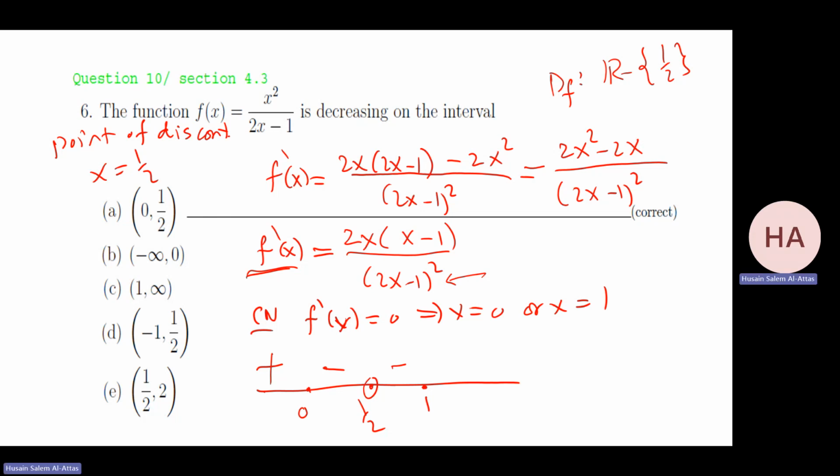And for more than 1, take a value +1, +2: positive, positive. That will be positive. So it's increasing, decreasing, decreasing, increasing. So it will be decreasing from 0 to half for sure. Notice I cannot say from 0 to 1 it's decreasing, huh? Because at half, it's not defined.